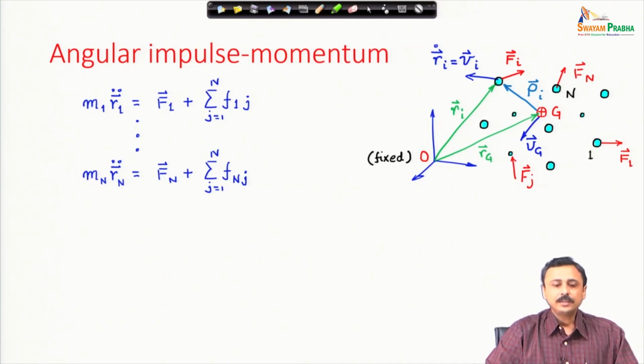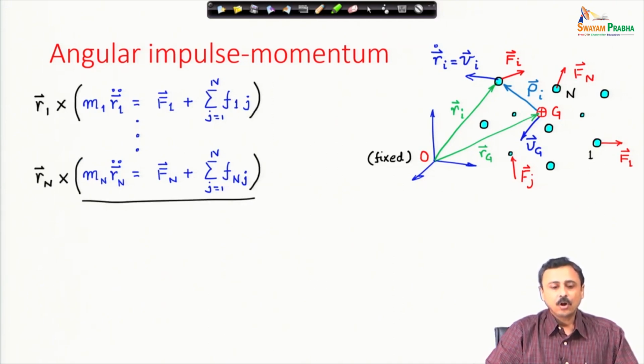Now, I take the cross product of the individual equations of the particles with r_i vector, but here it is very important to note that it is r_i cross Newton's second law for the ith particle.